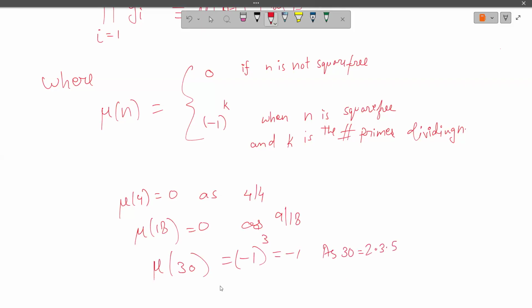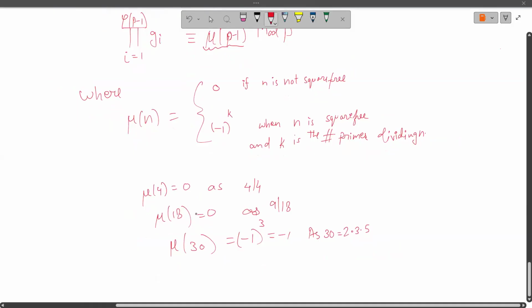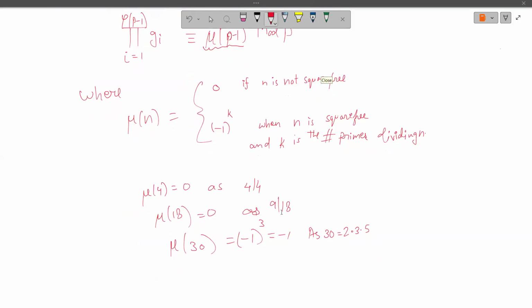Are people clear with the definition of the mu function? Should I go over this again? Am I audible? Yeah, you are. Thank you. Was this clear or was this not clear? Okay, Anirudh says it is.